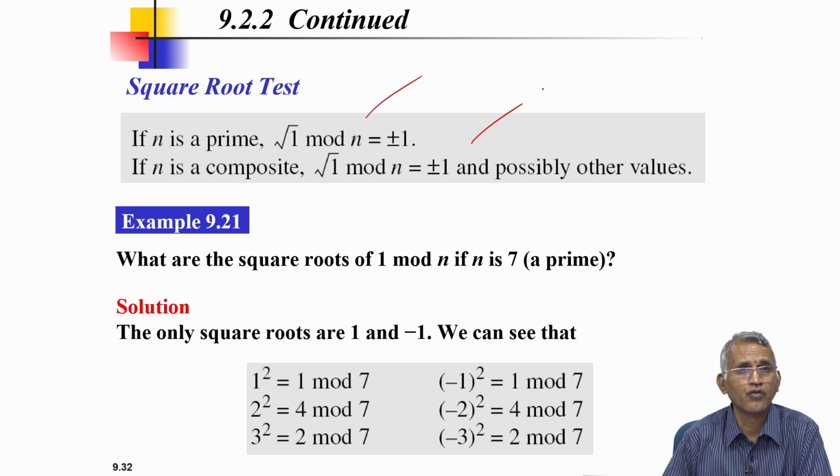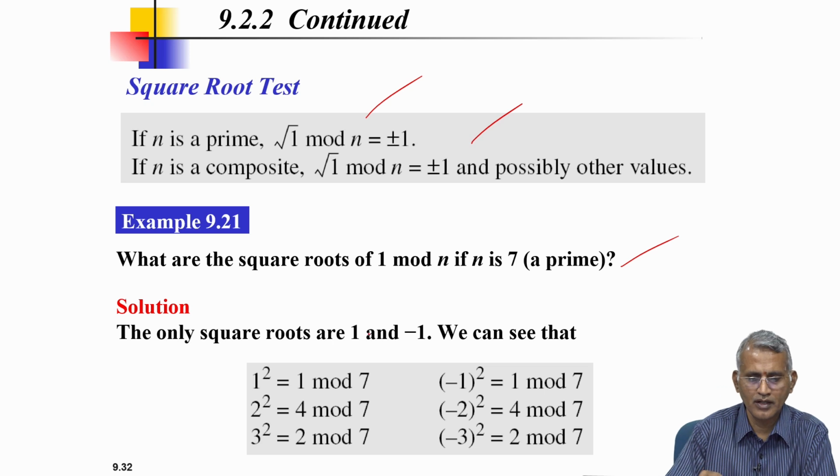What are the square roots of 1 under modulo n if n is 7, a prime? The only square roots are 1 and minus 1.